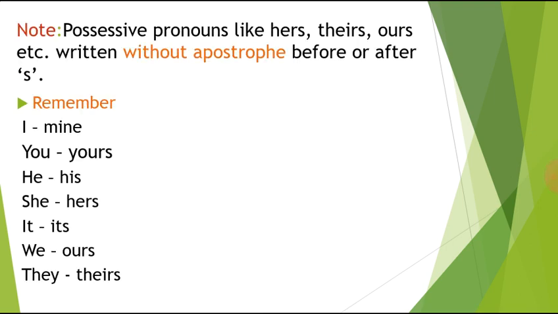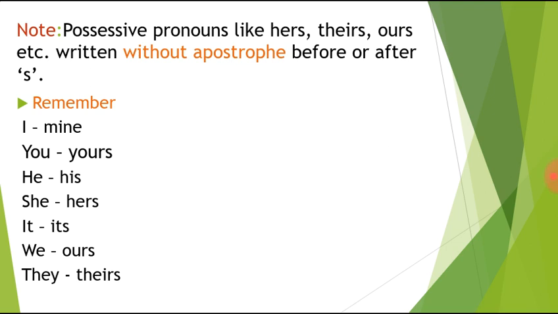Now here children, you have to keep in mind that possessive pronouns like hers, theirs, ours, etc. are written without an apostrophe before or after s. That means whenever we are writing hers, theirs, ours, yours, its, where the last letter is s, we do not write an apostrophe before or after s.